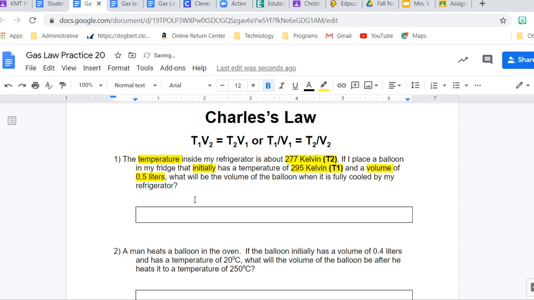Okay. Then I'm going to look at this one, and a volume, well, it's in this initially has temperature of this and a volume of 0.5 liters. Well, since it's still in the sentence that says initially, then this would be my volume 1. So now I have everything labeled, okay?